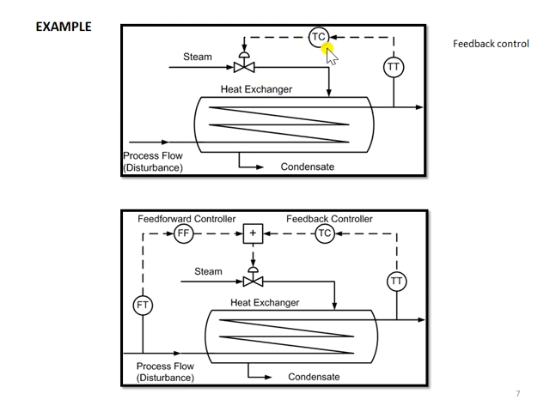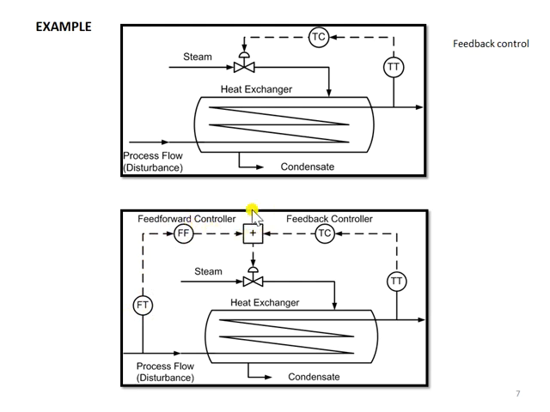the control effort of the feedback control loop is not sufficient. Therefore we need another approach, which is introduced here, where we place a flow transmitter to monitor the disturbance, and the flow transmitter will send the signal to the feedforward controller.